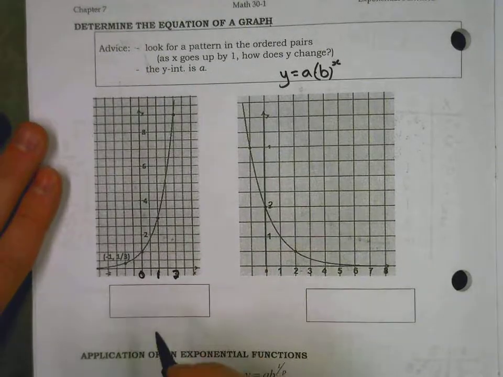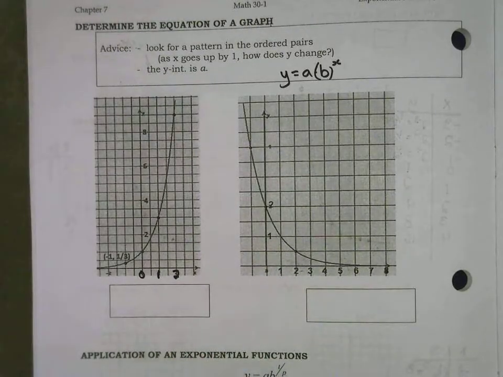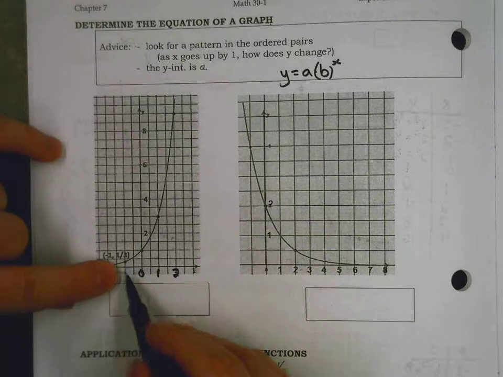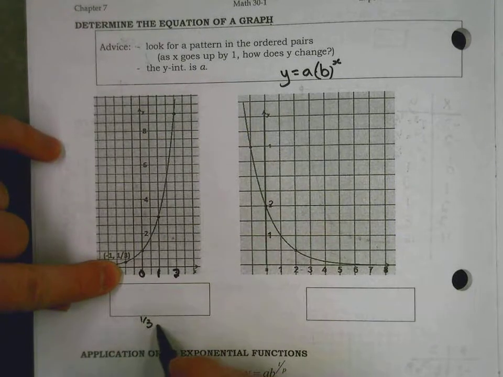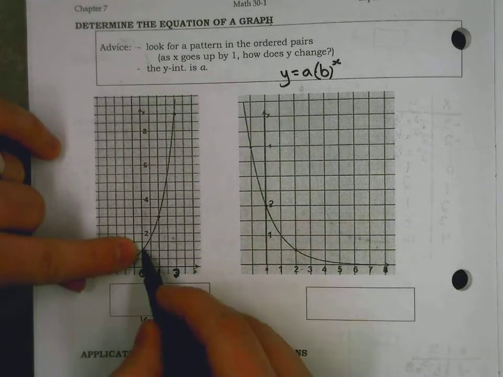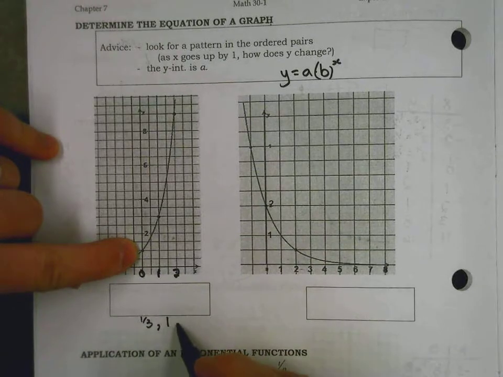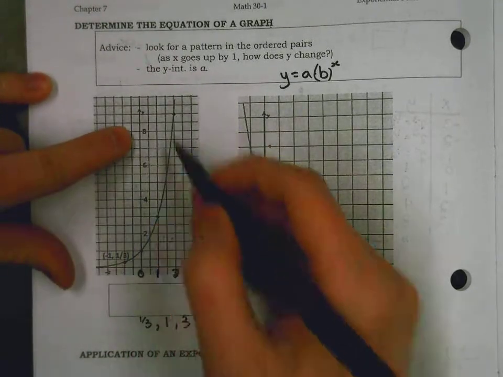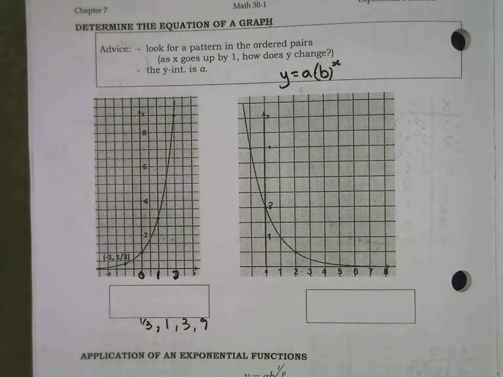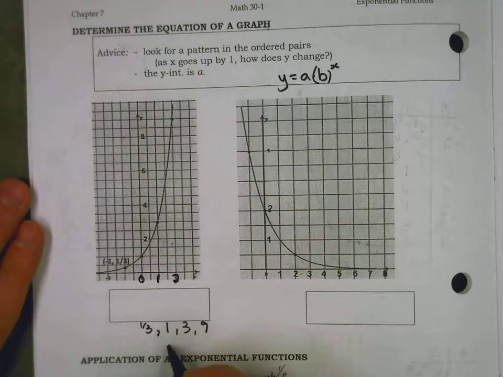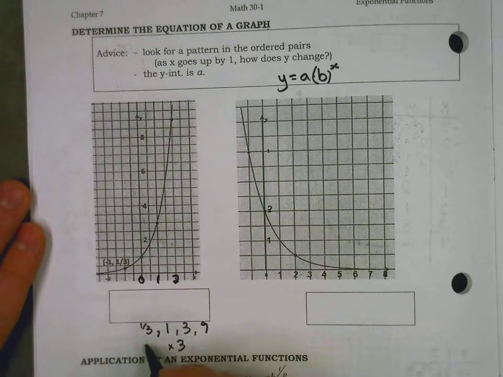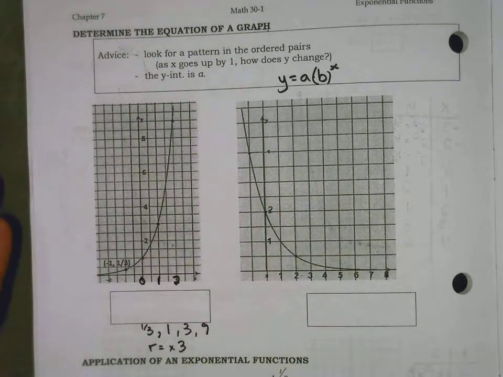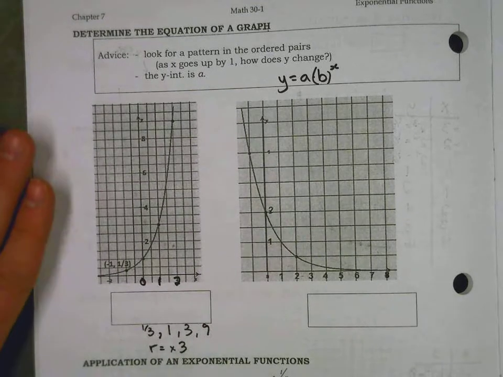So what if we were to write down all the y values as we progress? The y values were a third, and then they were a 1, and then they were a 3, and then they were a 9. How do the y values change as we move up by x each time? Looks like we're multiplying by 3. Your ratio, your b value, is 3.